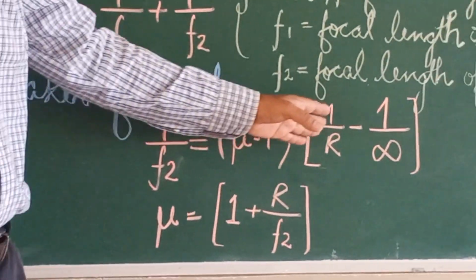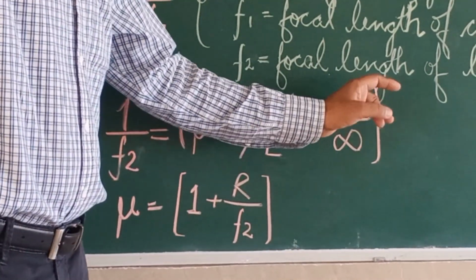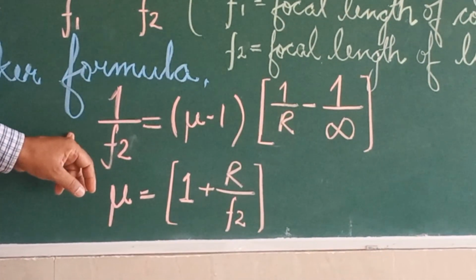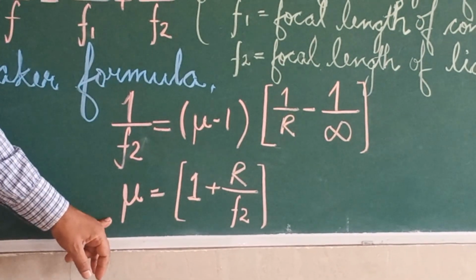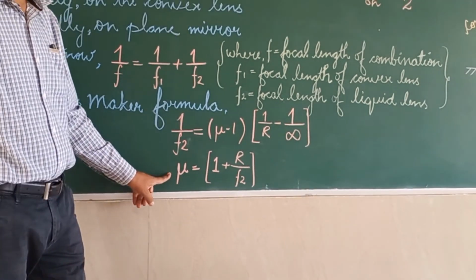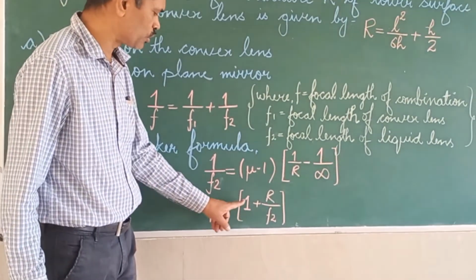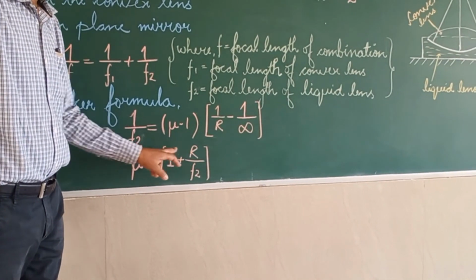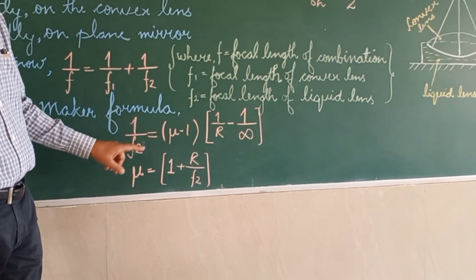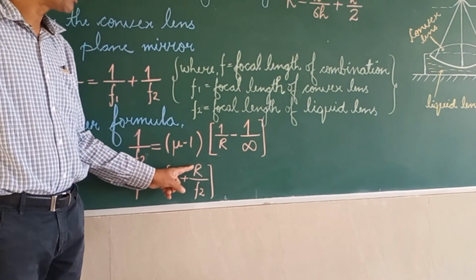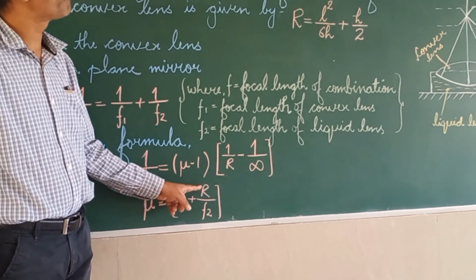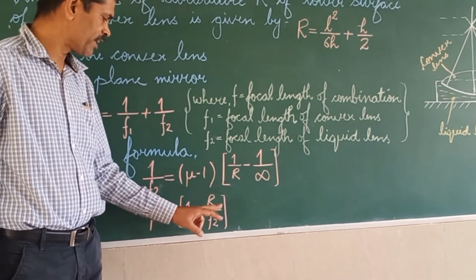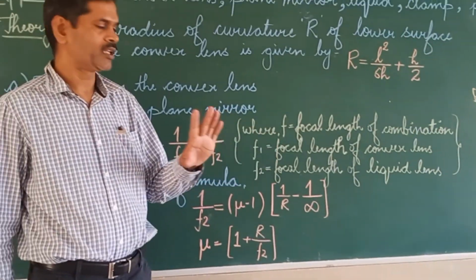This is the lens maker's formula by which we can find the refractive index of the liquid, that is mu is equal to 1 plus r by f2, where mu is the refractive index of the liquid, r is the radius of curvature of the liquid lens, and f2 is the focal length.